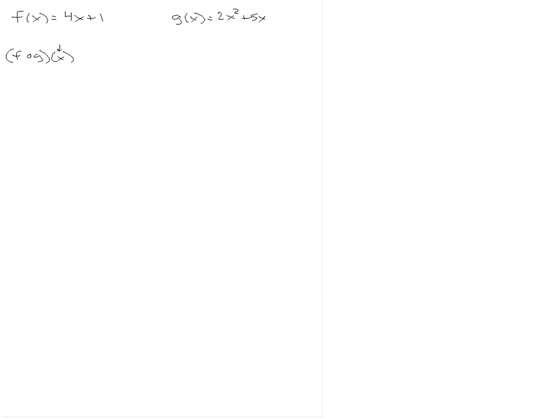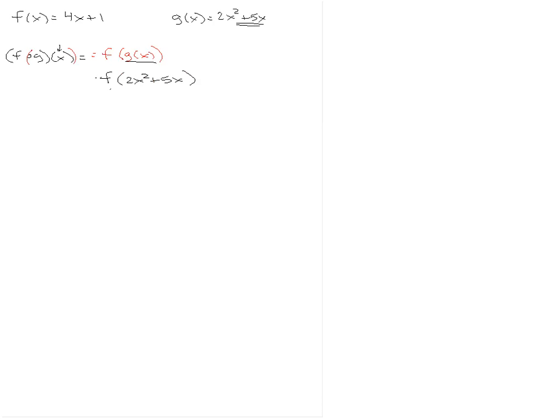But let's first put parentheses around it and say I'm really looking for f of g of x. All right, g of x. Do we know what that is? Oh, we sure do. So it's really f of 2x squared plus 5x. So that's what g of x is.